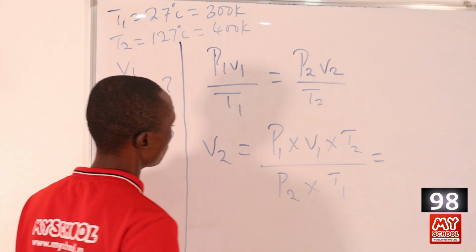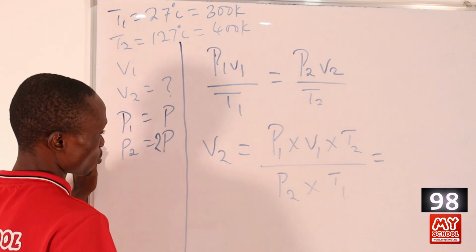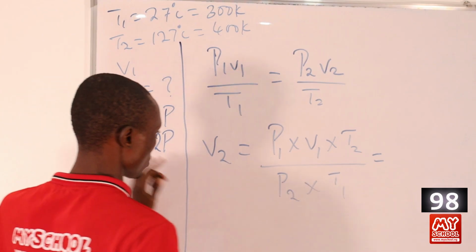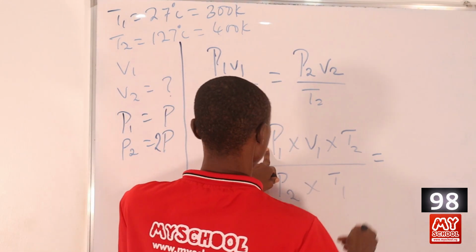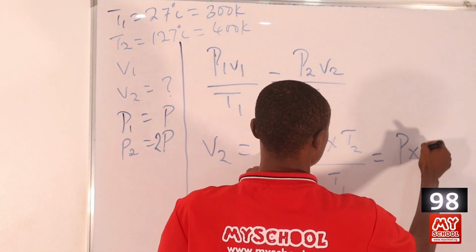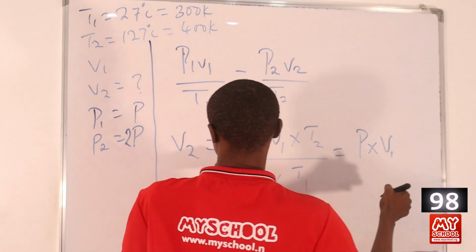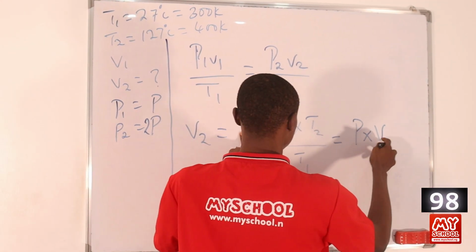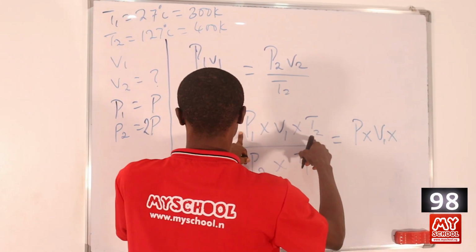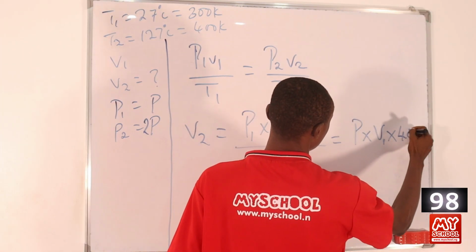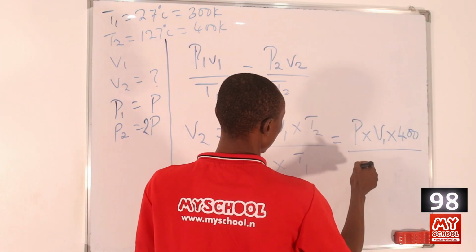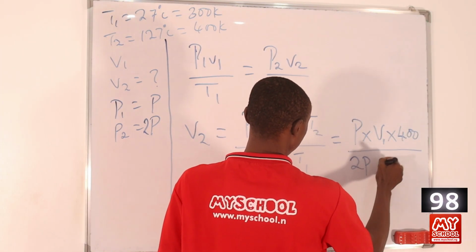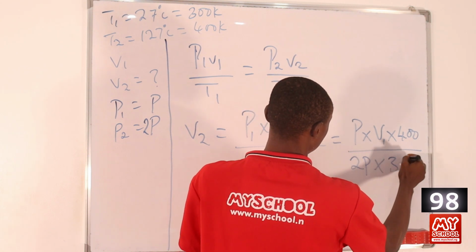Let's input the values of each of these variables that are given to us in the question. Our P1 will be equal to P, times V1, which remains there, times T2, which is 400, over P2, which is 2P, times T1, which is 300.